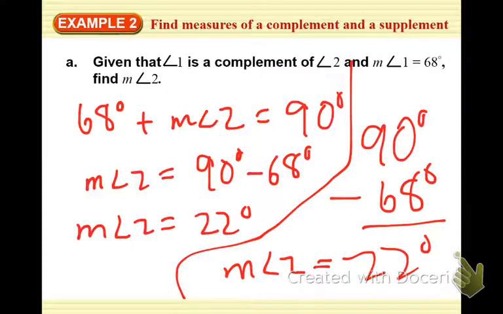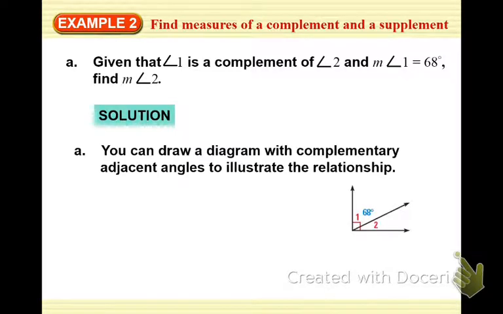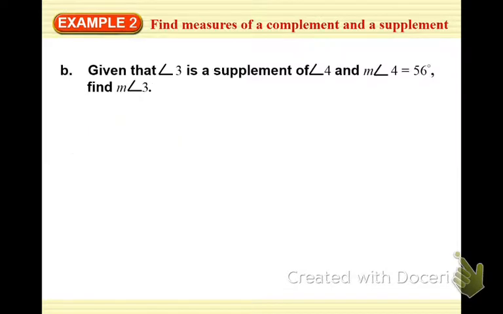All right, now we'll do supplement. They haven't asked for a supplement yet. Let's see. So here they did the work. Here's the supplement. Given angle 3 is a supplement of angle 4, the measure of angle 4 is 56. How are we going to find angle 3? Go ahead. 180 minus 56.